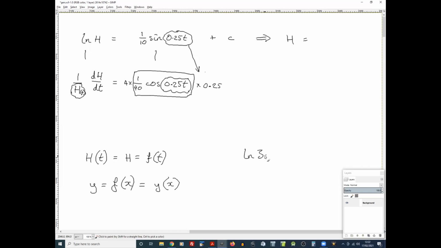You do log of the other side, wouldn't you? No, because log of log doesn't cancel the log. Log of log is a thing. It's like squaring a square. You want to do the reverse of log. Now, what is the reverse of having a log?